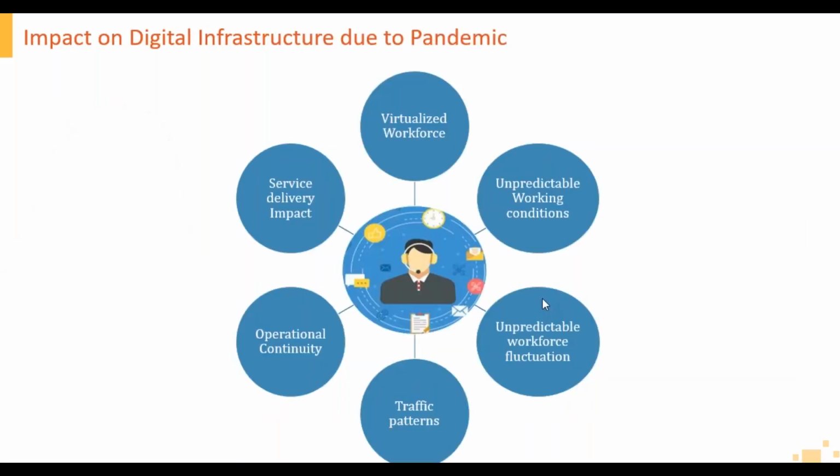So the immediate impact of the pandemic is that the entire workforce has become virtualized. Due to this, we were unable to predict the complete work conditions of the staff who is working from different zones, on different equipment, with different IP addresses, different connections and different tools.